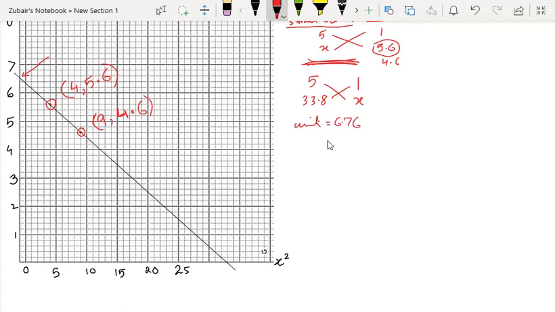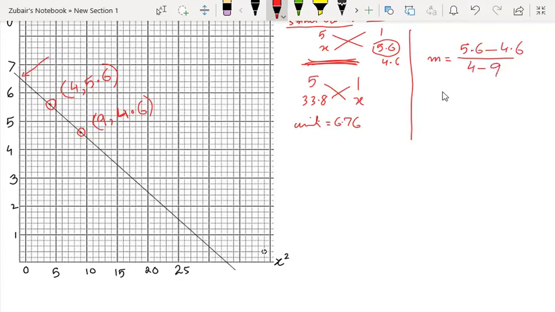Okay, and now the gradient. The gradient you can find using the same 2 points, 4 comma 5.6 and 9 comma 4.6. So the gradient is y2 minus y1 upon x2 minus x1. So 5.6 minus 4.6 and 4 minus 9.